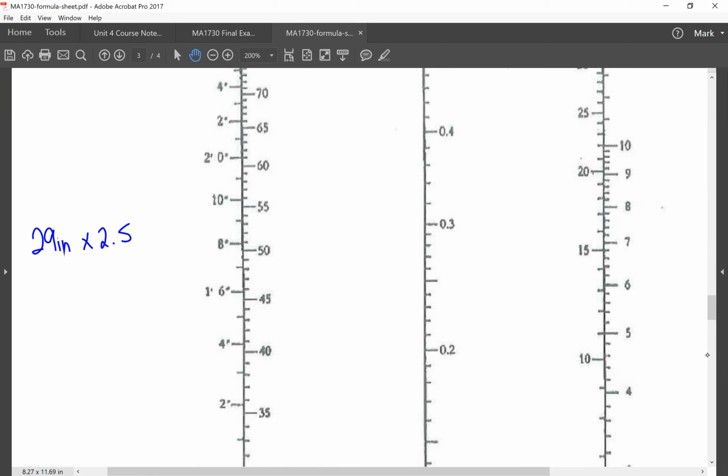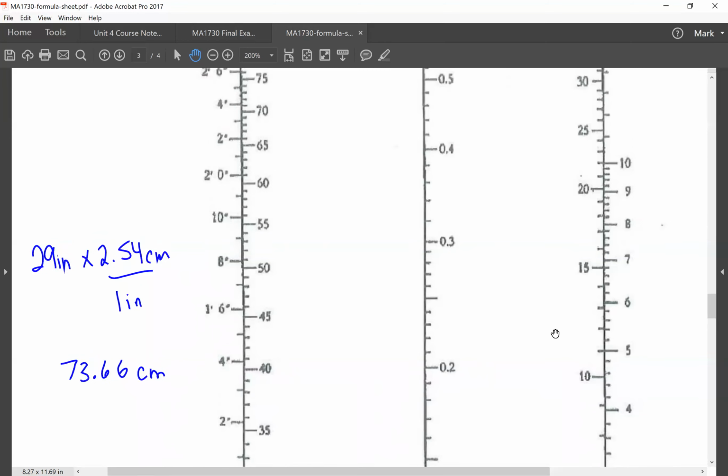So inches to centimeters, I think it's 2.54. Yep. I would change this to centimeters first. So 29 times 2.54 would give me 73.66 centimeters. So now I can easily find this.